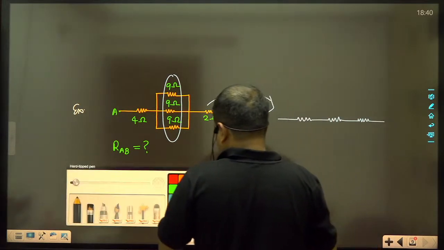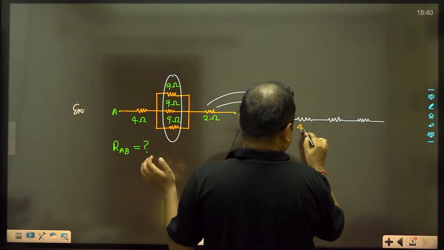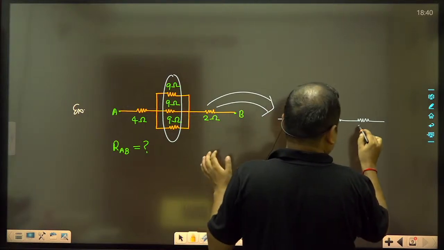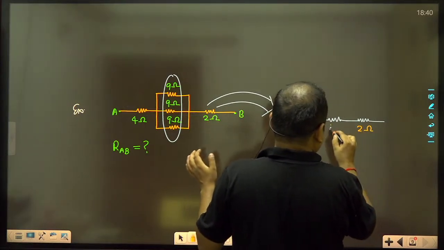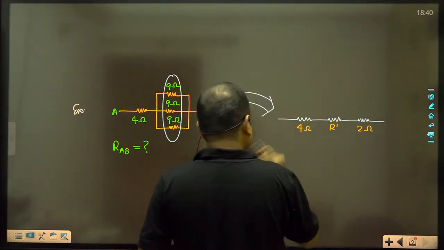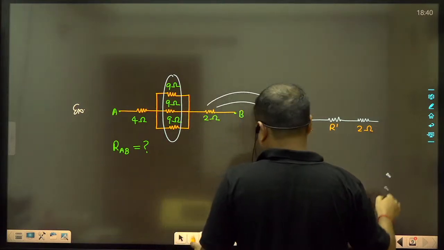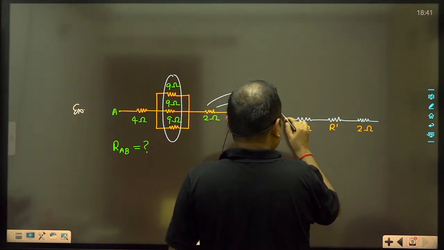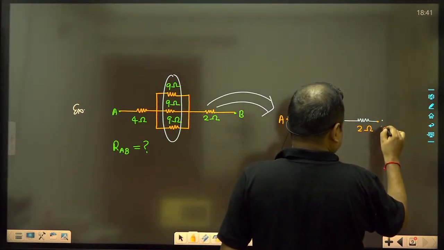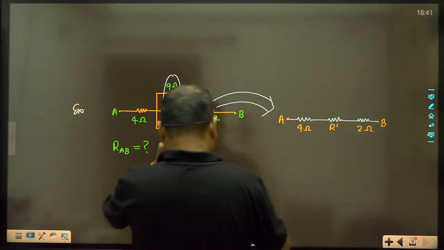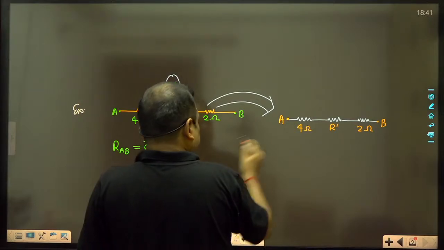So here this will be 4 ohms and it will be 2 ohms. This is A and this is B.